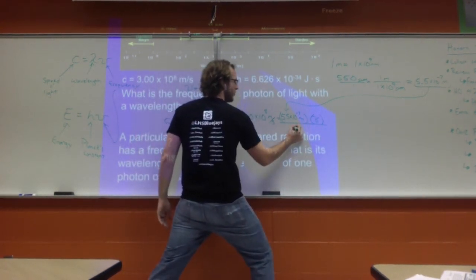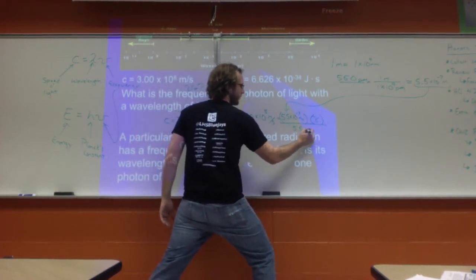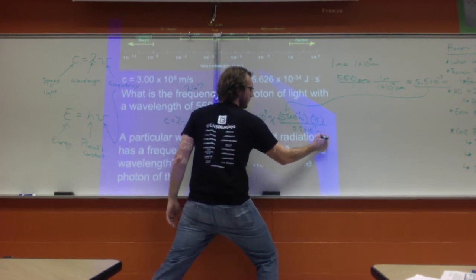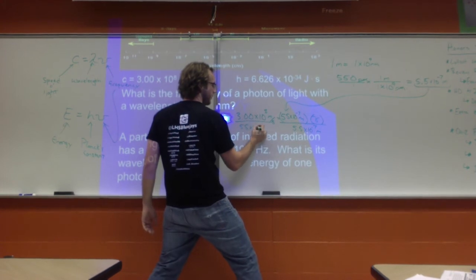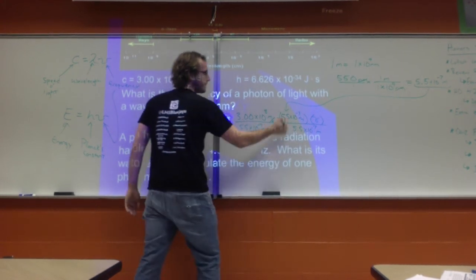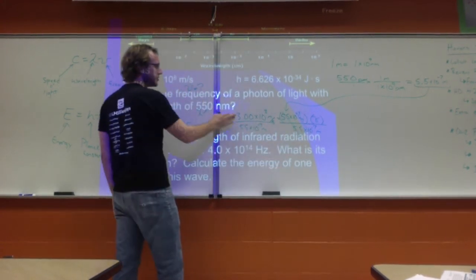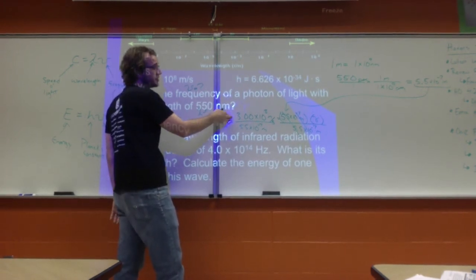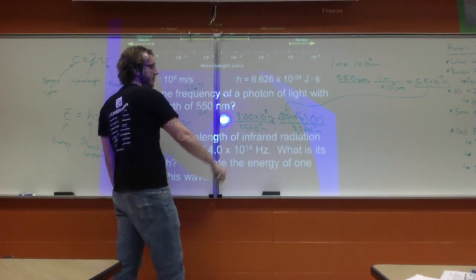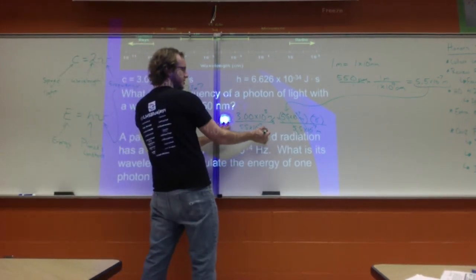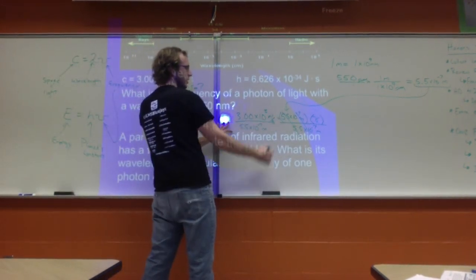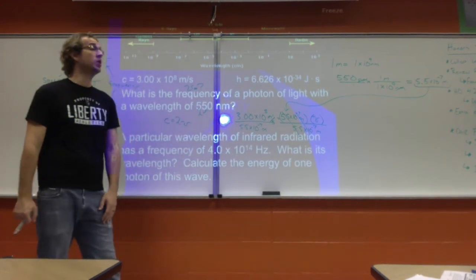Number times a variable, we do the opposite. What you do to one side, we must do to the other. So we'll take 3.00 times 10 to the 8th divided by 5.5 times 10 to the negative 7th. Meters cancel, and it becomes 1 per second.